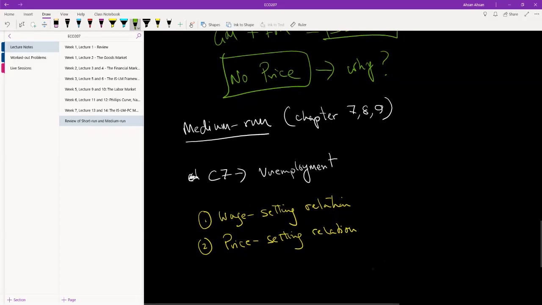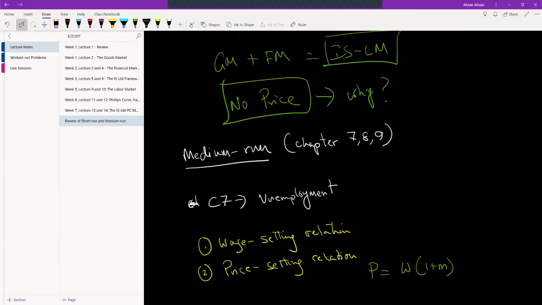So the price setting relationship was effectively, price is equal to wage times 1 plus markup. And what was the wage setting relation?